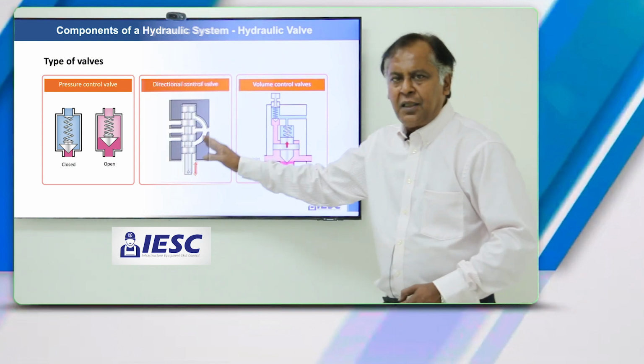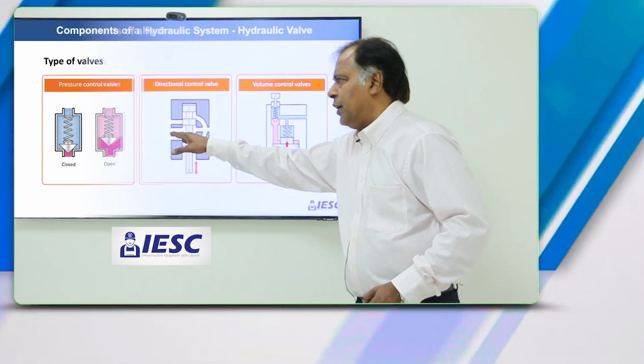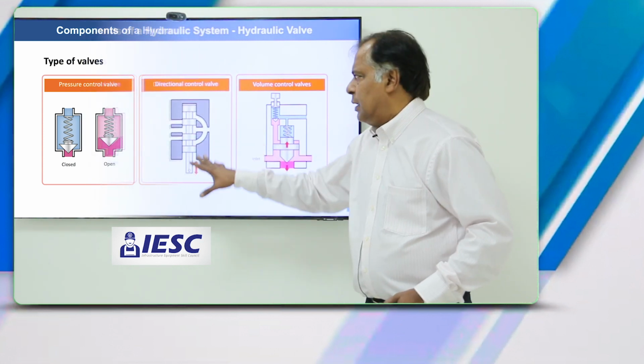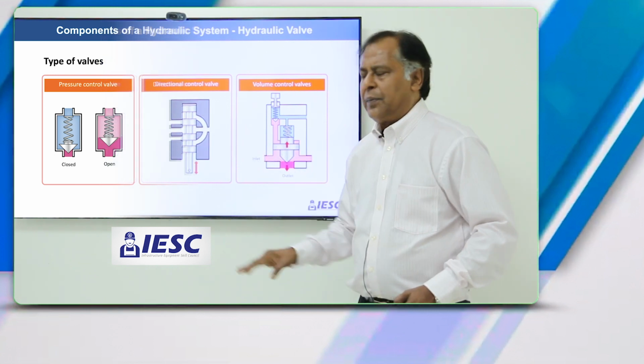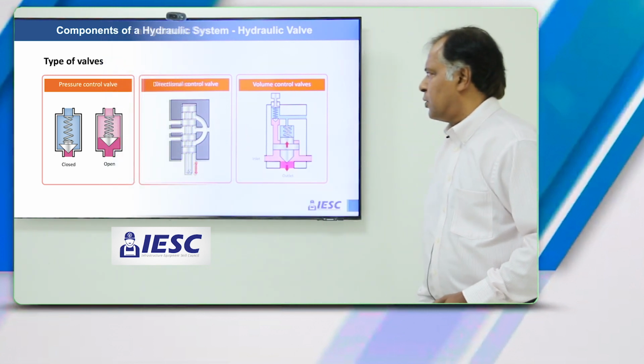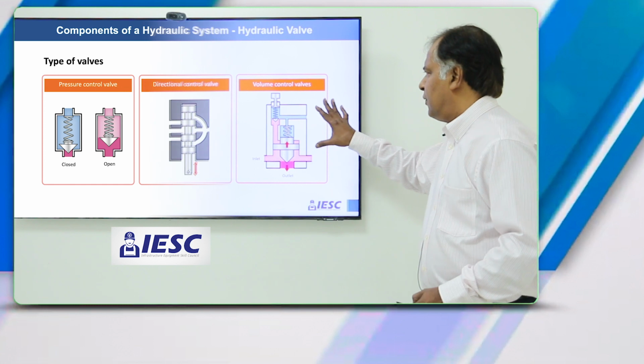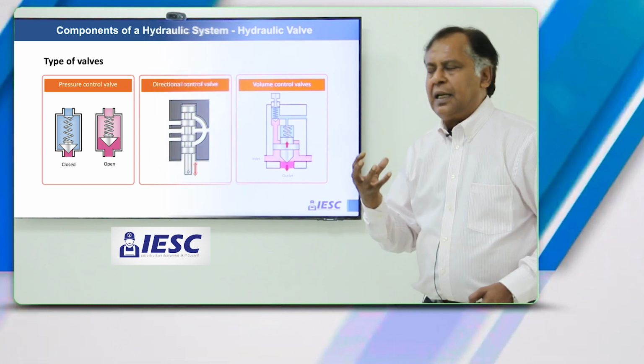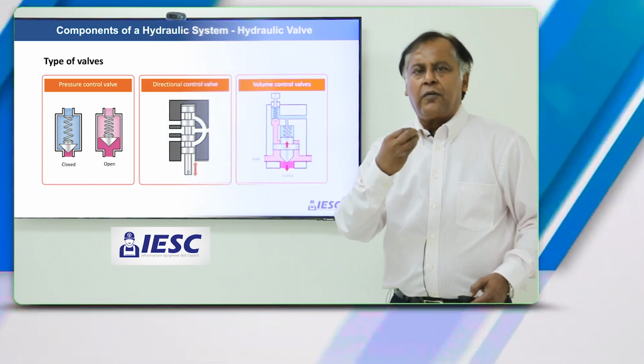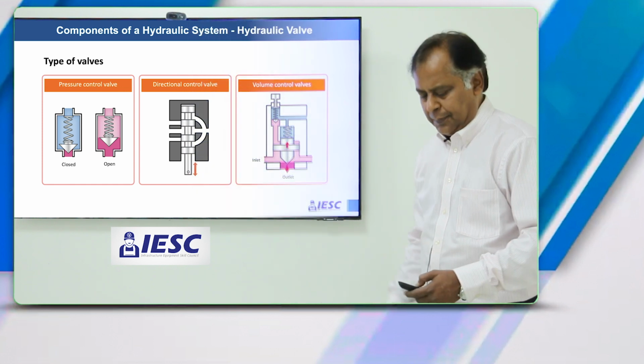Then you have the directional control valve where the oil flows are directed into various actuators, etc., and that is a function of the directional control valve. The volume control valve, on the other hand, controls the extent of discharge or the volume of discharge of hydraulic liquid.